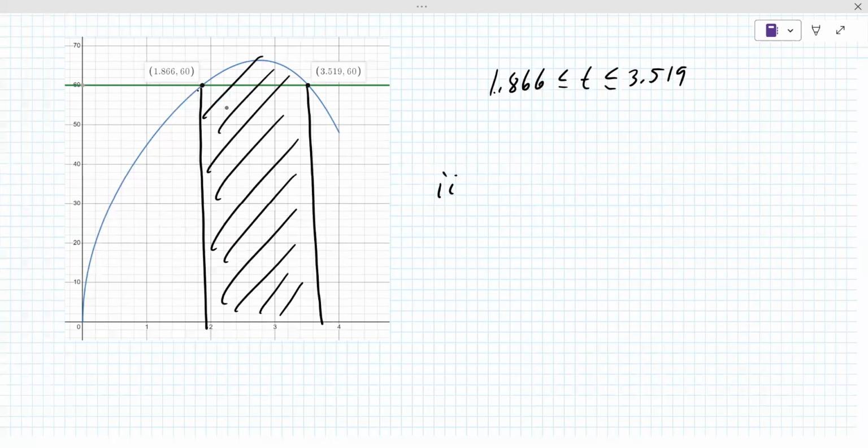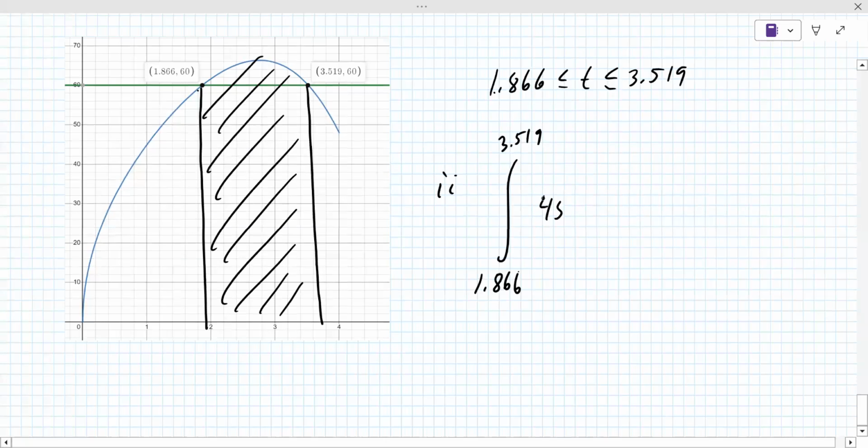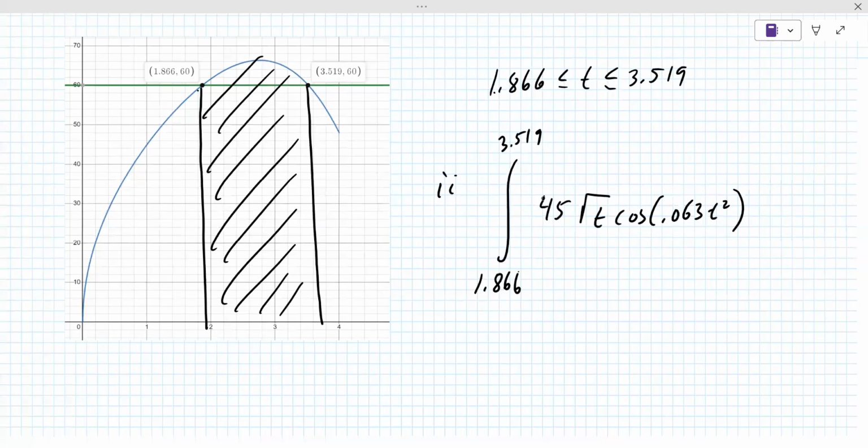So the second one is the integral from 1.866 to 3.519, and you're integrating that function 45 square root t cosine 0.063 t squared dt, and your distance will be in meters.